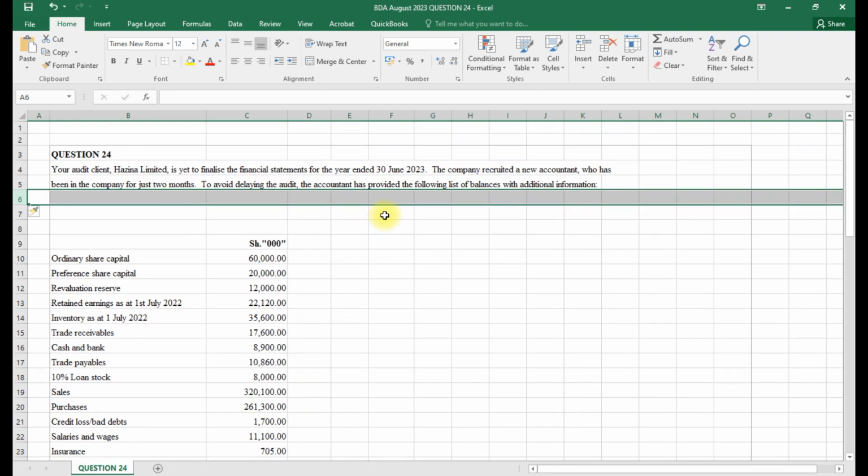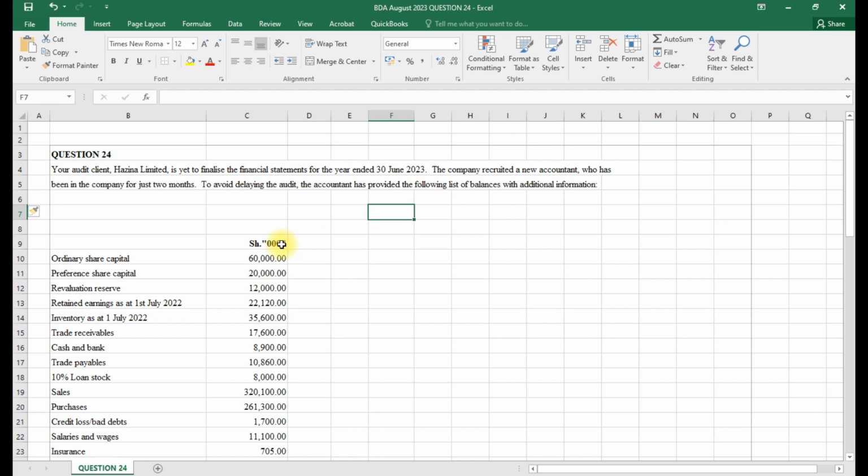So the first thing I will start here with my debit, DR and CR. Remember, these are shillings in thousands.